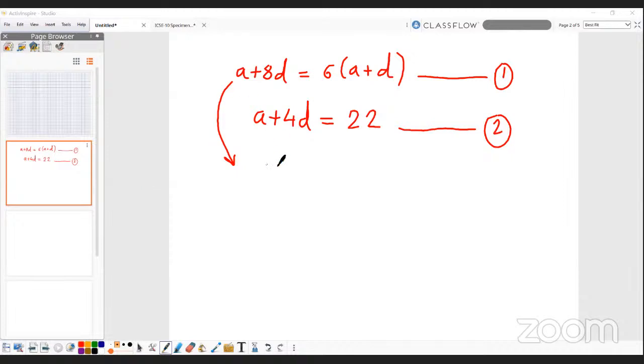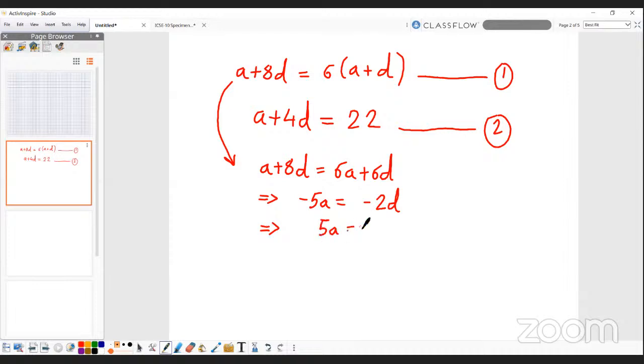So you will get A plus 8D equal to 6A plus 6D. What you will get now? Minus 5A equal to minus 2D. Or you can say it as 5A equal to 2D. So this will mean D equal to 5A by 2. Next, you can put this value of D in equation 2.